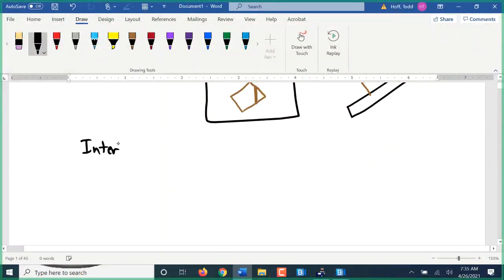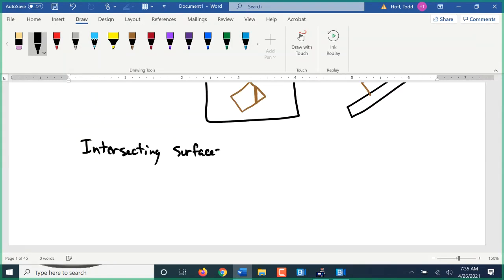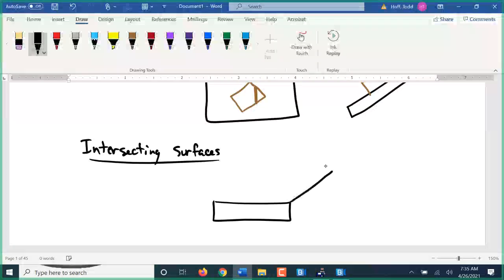Then we have intersecting surfaces. Intersecting surfaces occur when two angular surfaces come together.